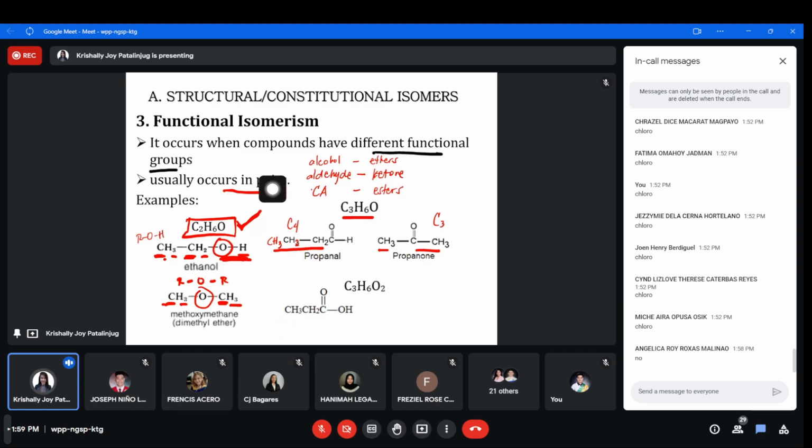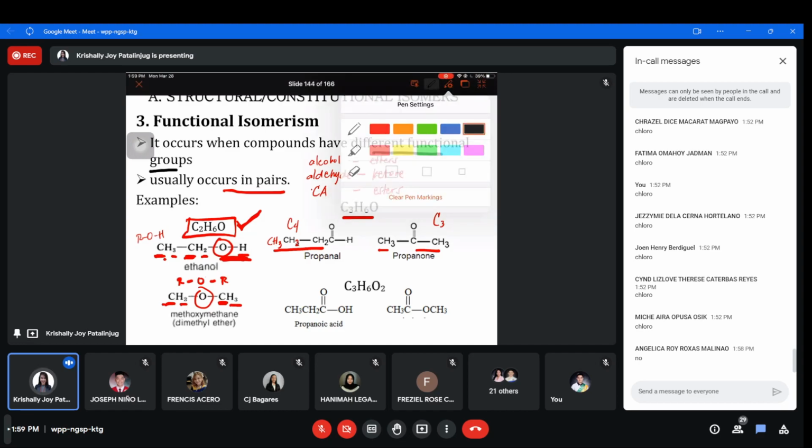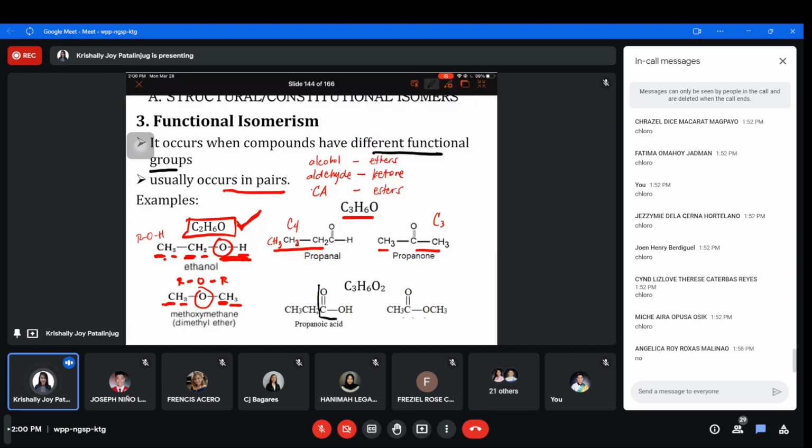C3H6O2, you could obtain here carboxylic acid. Then yung carboxylic acid, meron siyang equivalent isomer na esters. So, no problem with the functional groups. You know already what are functional groups, diba? Ito yung carboxylic acid portion, ito yung ester. Okay, RCOOR, RCOOH.